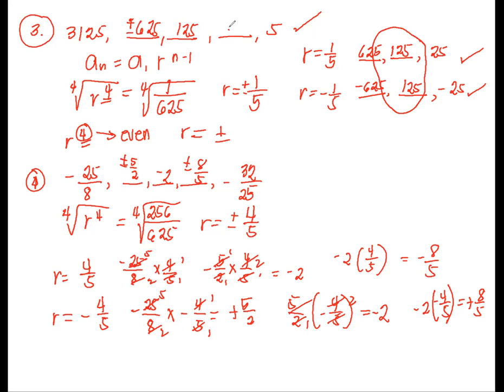And if that is 25, we'll have positive, negative 25. So saan lang may nagbabago sign? In second. But you look at the exponent, it's even. Therefore, you have to consider the value of your r. It can be positive or negative.